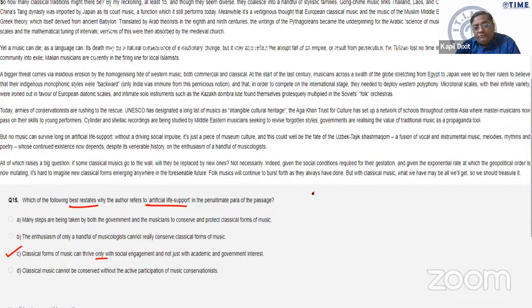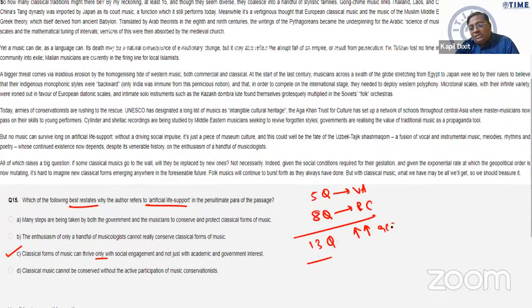If you can attempt this at a high accuracy rate, 21 marks to 30 marks is not a difficult game in this test. Hence, please do not give up.